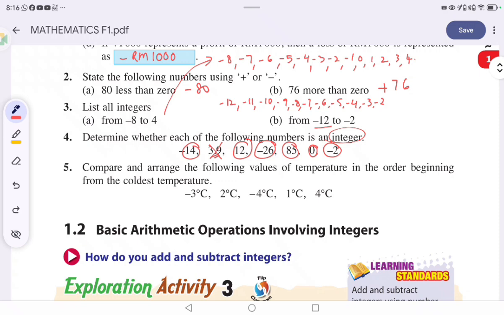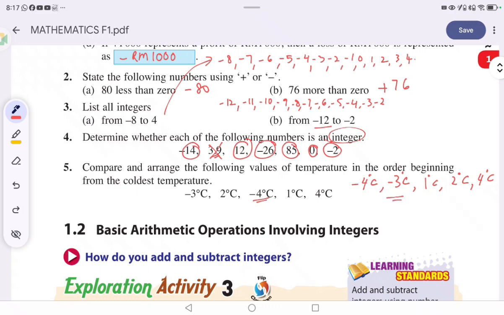Okay, you're supposed to arrange from the smallest number: negative 4 degrees Celsius, negative 3 degrees Celsius, 1 degree Celsius, 2 degrees Celsius, and then the last one is 4 degrees Celsius. So this is the coldest temperature.